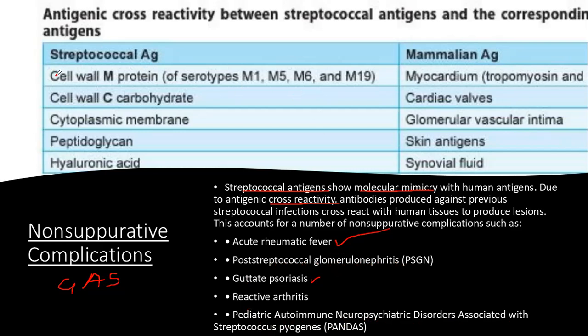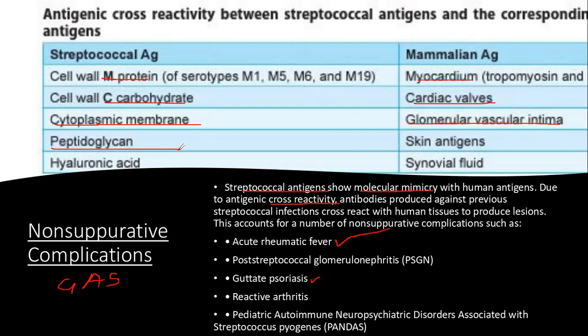Antibodies generated against the cell wall M protein will cross-react to the myocardium, okay? Now, those generated against the C carbohydrate of the Streptococcus will cross-react with the cardiac valves. Those generated against the streptococcal cytoplasmic membrane will react with the glomerular vascular intima, leading to post-streptococcal glomerulonephritis.